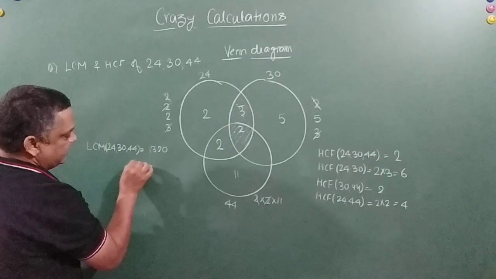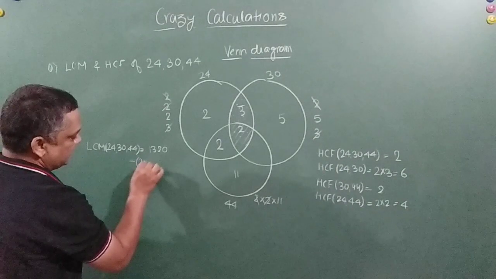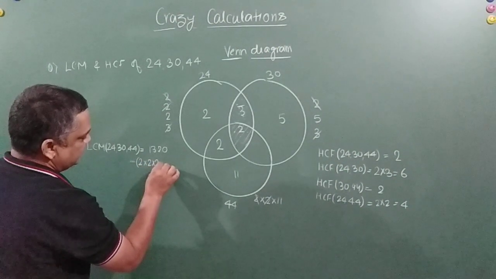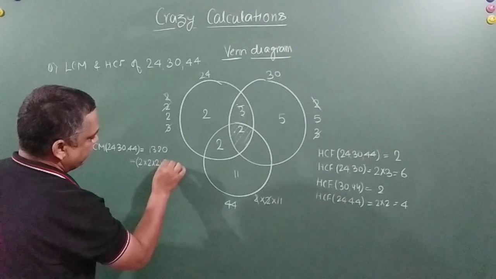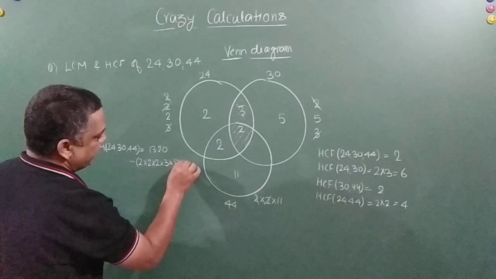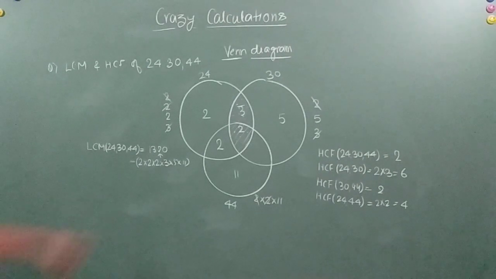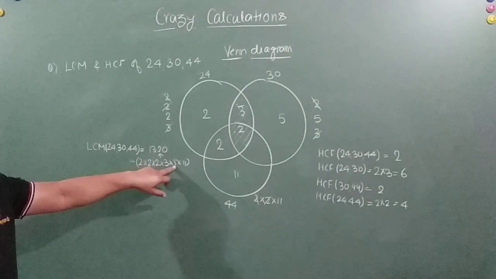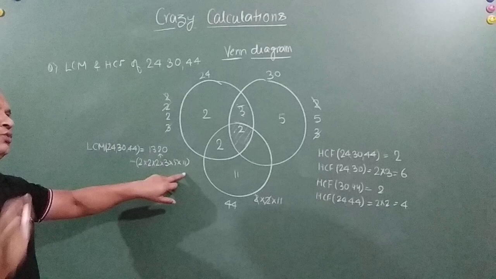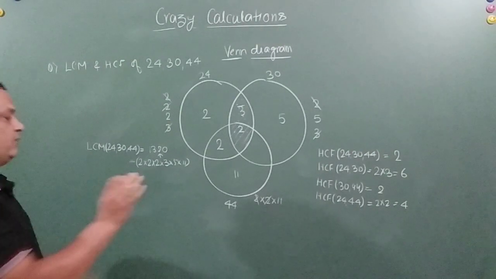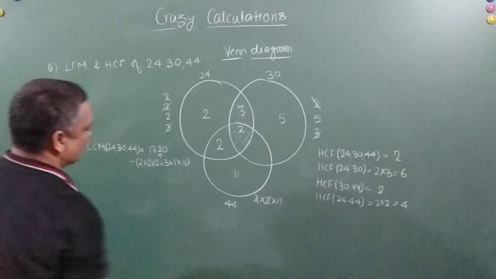I'll just write it here, so that later on, if you want to revise it, you should not get confused. This is how this number has come. 8 into 3 is 24, into 5 is 120, 120 into 11 is 1320.